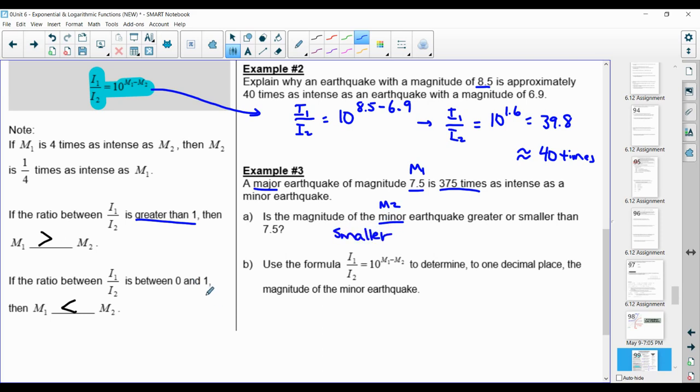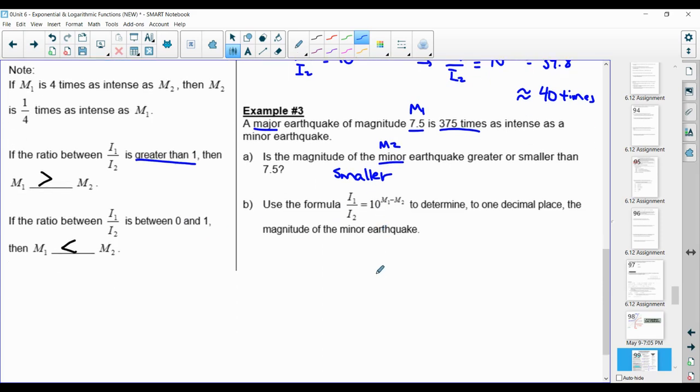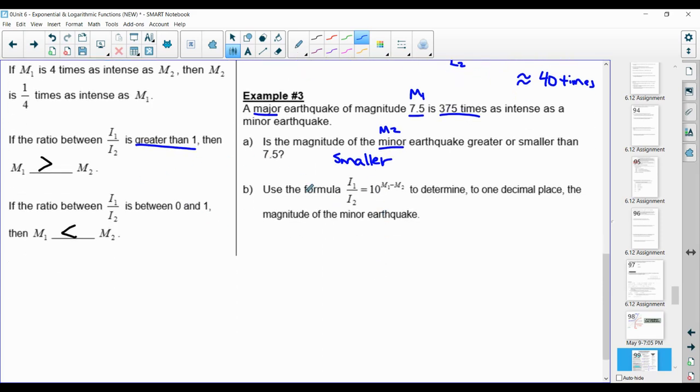Now we're going to use the formula here to determine the magnitude of the minor earthquake. So we're told that the earthquake is 375 times as intense. So that means our I1 over our I2, even though those are two different variables, the ratio of those represents our 375. So using our formula, we're going to have 375 equals 10 to the 7.5 minus x.